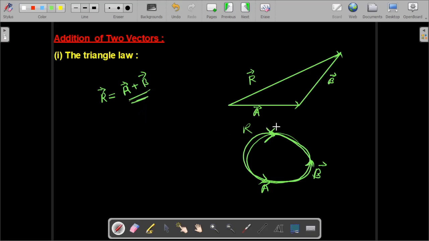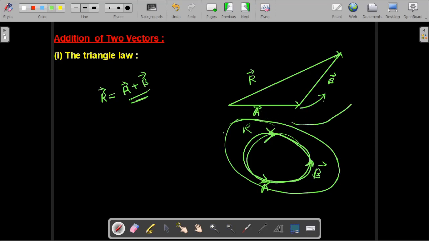Why have I mentioned this technique? We are going to apply this technique in an example, and I'll mention it later also. Simply notice the direction of these two vectors and the direction of the resultant vector. It is like the A and B vectors are rotating in the same direction, and this one is rotating in the opposite direction.